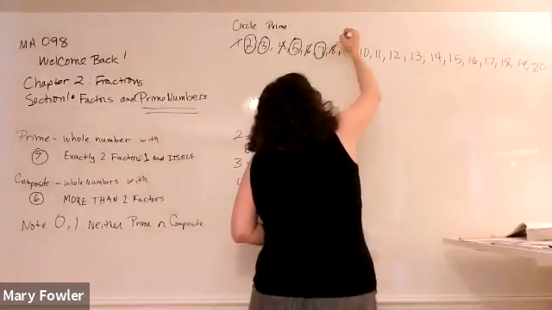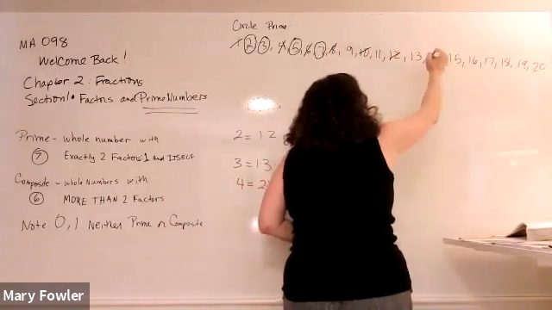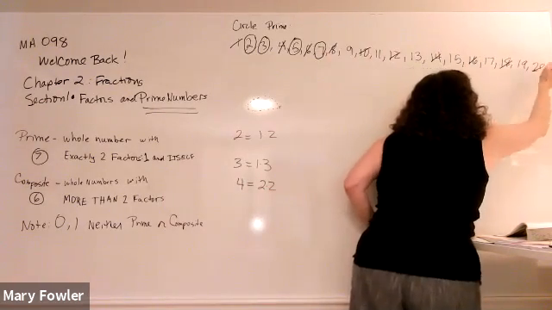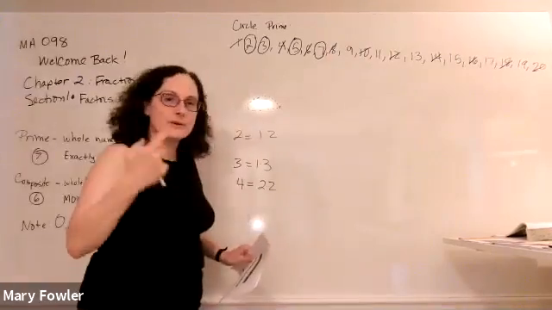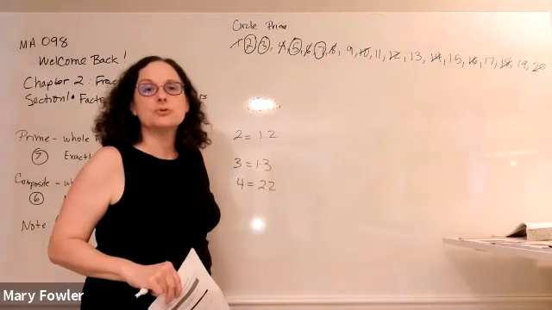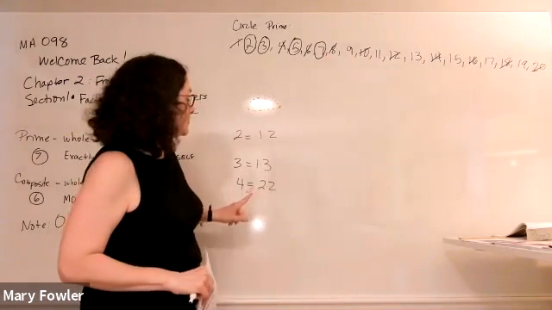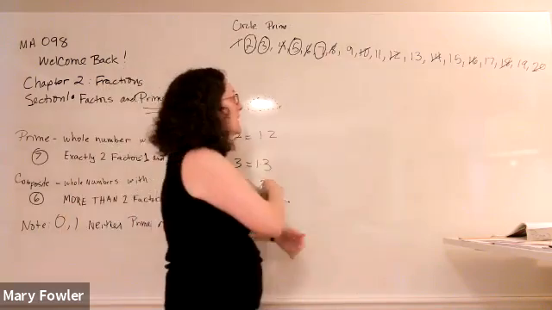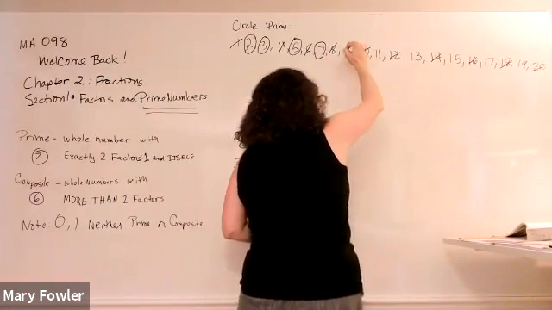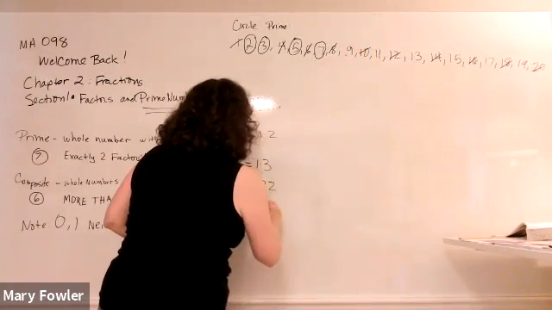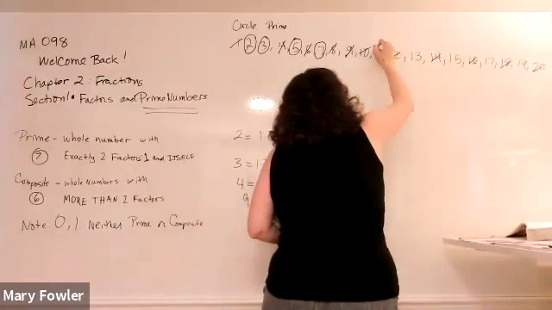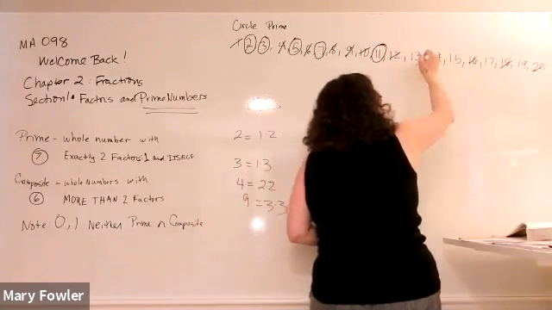So I can cross these out all at once, so we can get through the numbers a little more quickly. All of the things I crossed out are not prime because 2 goes into them. 10 is 2 times 5, etc. 9 is not prime because 9 equals 3 times 3. 11 is prime. 13 is prime.